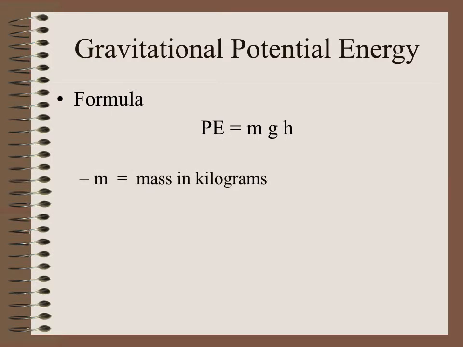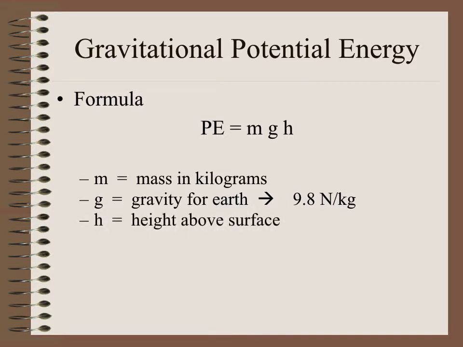M is the mass of the object in kilograms, g is gravity for the earth, 9.8 newtons per kilogram, and h is the height of the object above the surface of the earth. You will want to put this formula on your formula card under mechanics, labeling it gravitational potential energy.